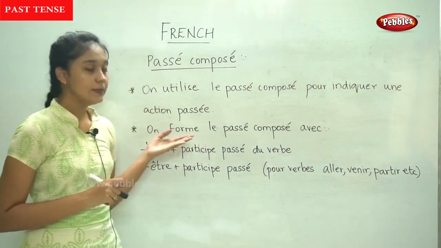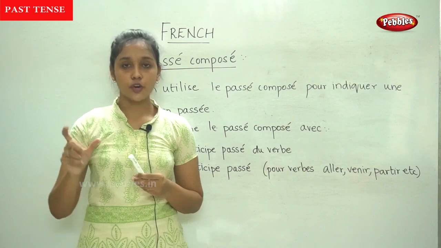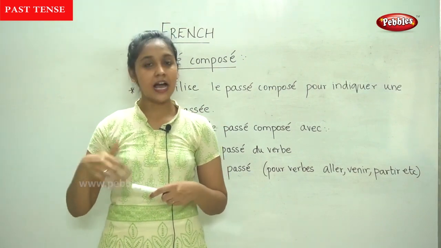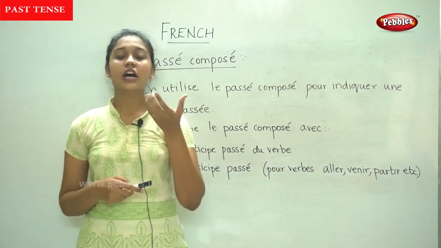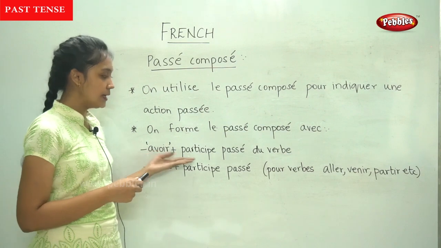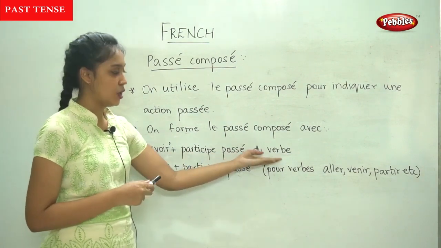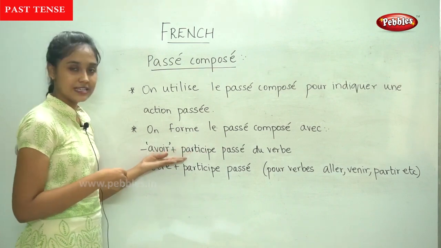So to form the passé composé, we take the verb and form its past participle. I will show you how to form the past participle. We write the avoir conjugation for that subject, plus the past participle of the verb. This is in most of the cases.